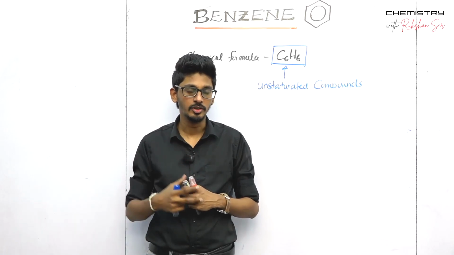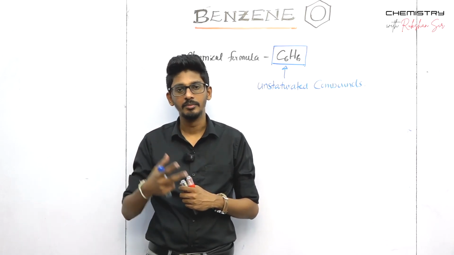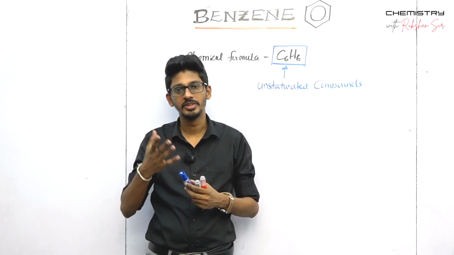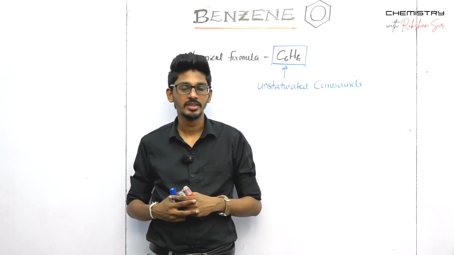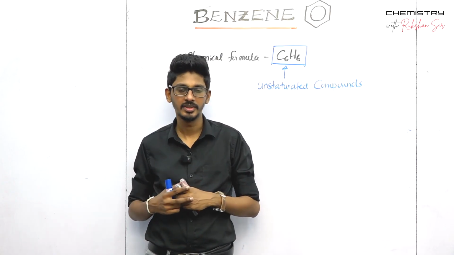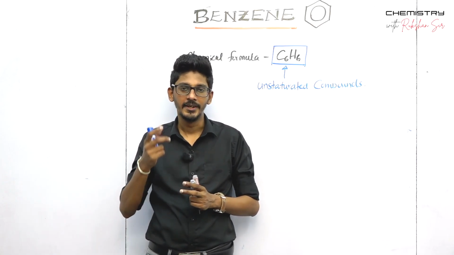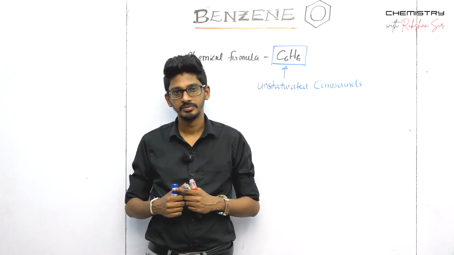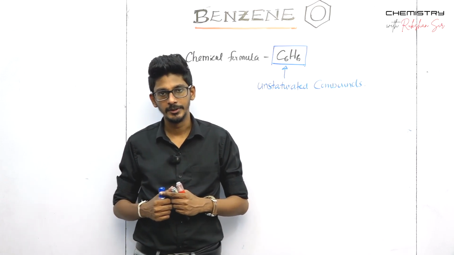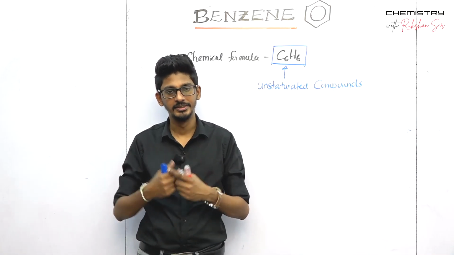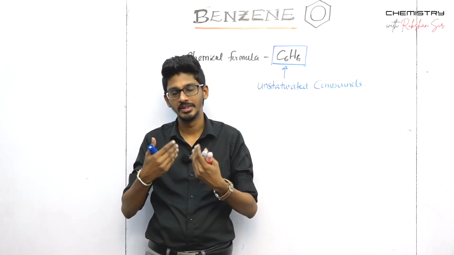As the KMnO4 is consumed, its color disappears. Those are the two major tests to identify carbon-carbon pi bonds, referred to as tests for unsaturation.